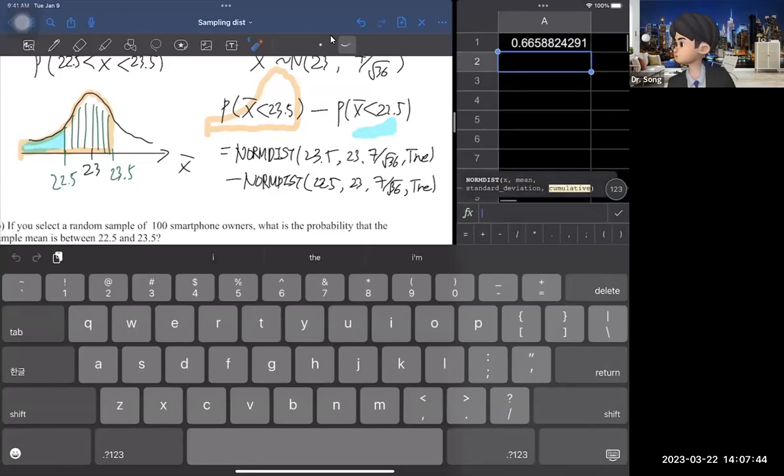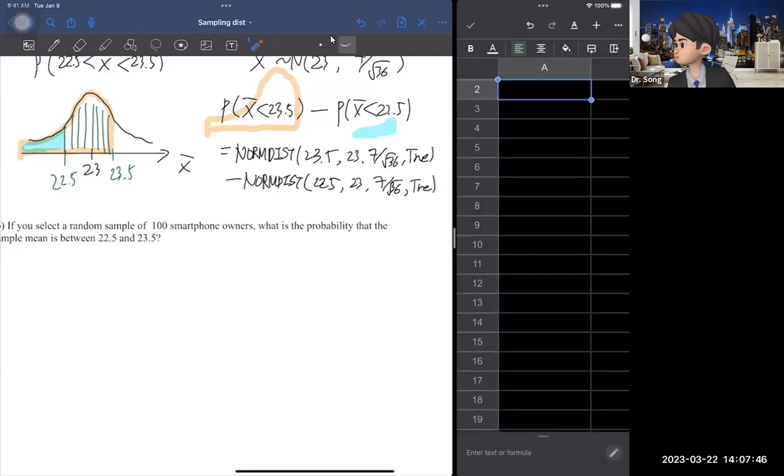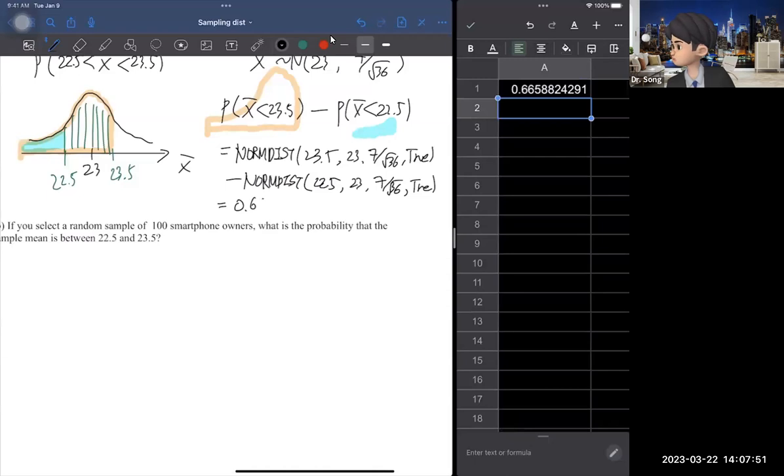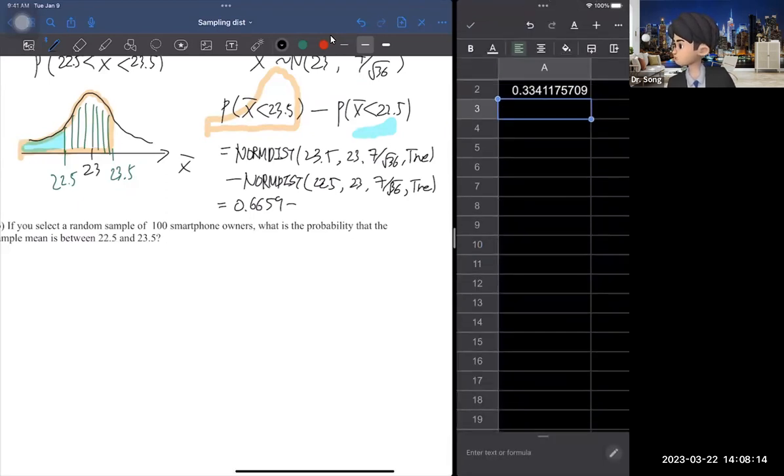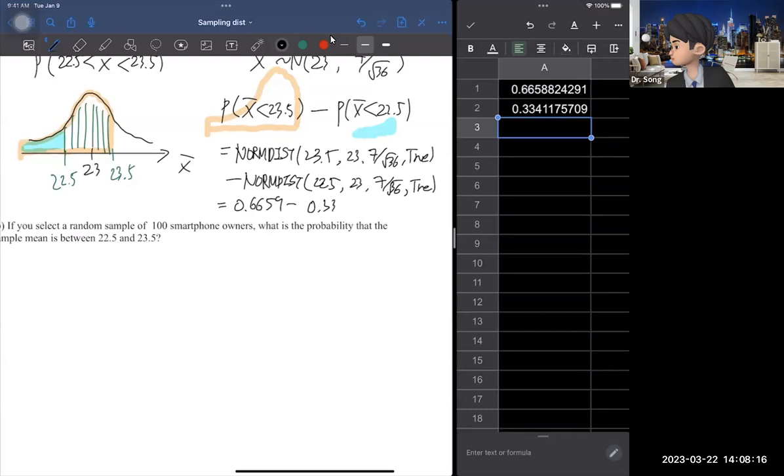Then I got 0.6659 up to 4 decimal places. So that is 0.6659 minus the second one. You do the same thing, but just replace it with the first one. NORM.DIST 22.5, mean equals 23, standard deviation is 7 over 6, and then 2. Enter. So that is 0.3341.